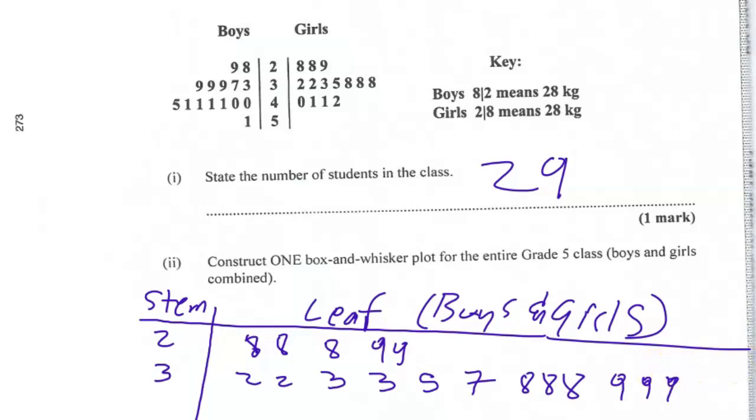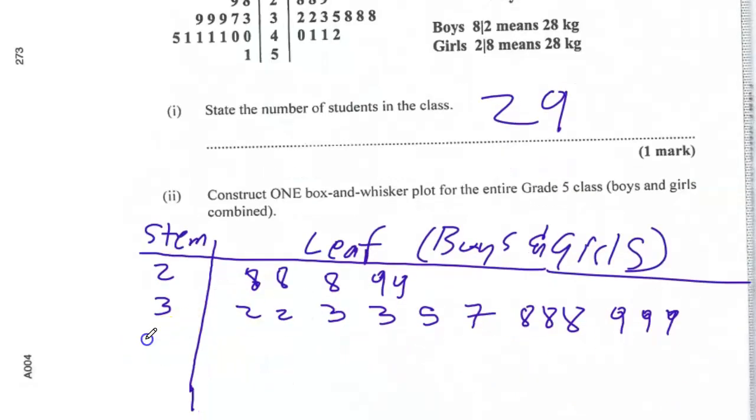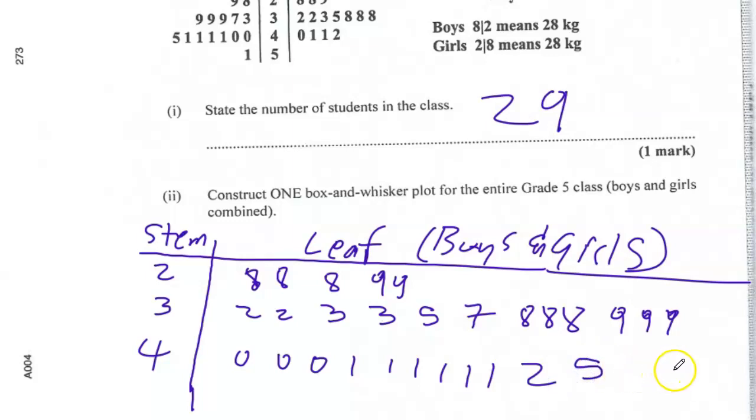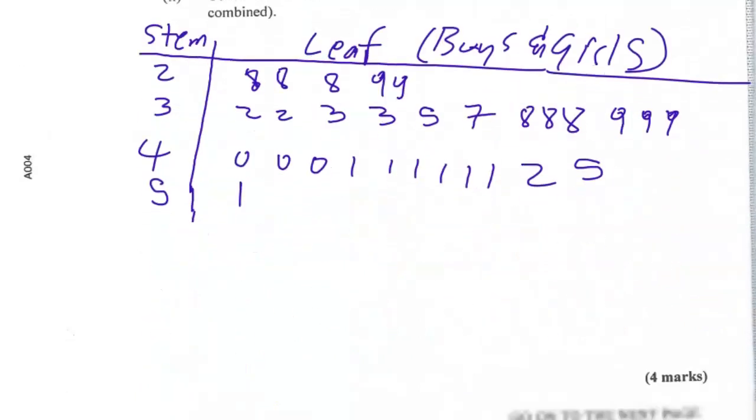For the 40s, we have 3 zeros, 1, 2, 3. We have 2 2s. We have 6 ones, 1, 2, 3, 4, 5, 6. We have a 2, and we have a 5. And in the 50s, it's just 51.